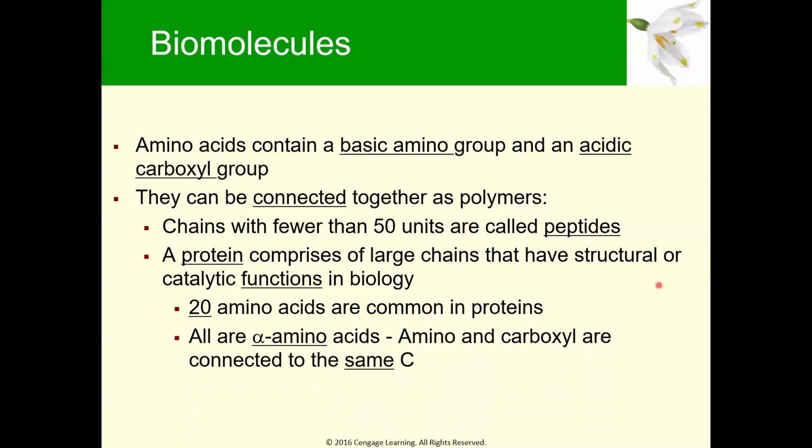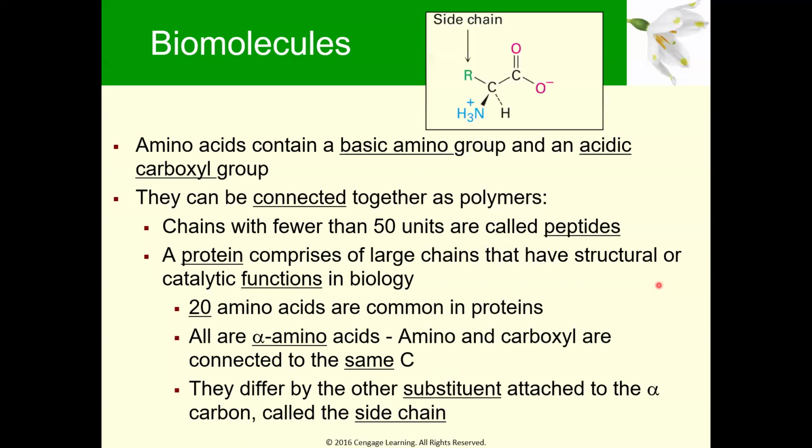Remember that the carbon that's adjacent to the carbonyl, in this case the carbonyl of a carboxylic acid functional group, the alpha carbon, is the one that also is attached to the amine functional group. They're both connected to the same carbon, effectively. The carboxylic acid and the amine are both connected to the same carbon.